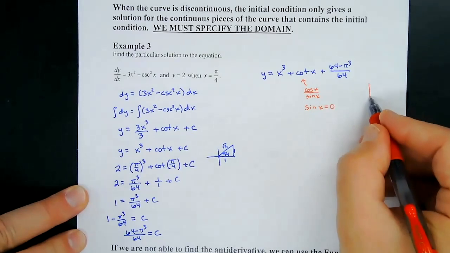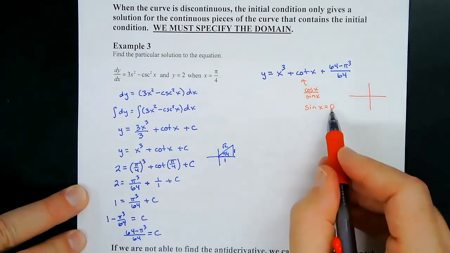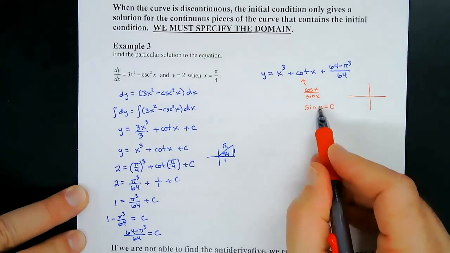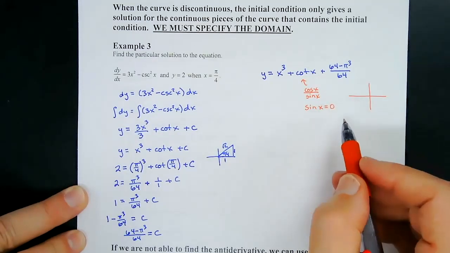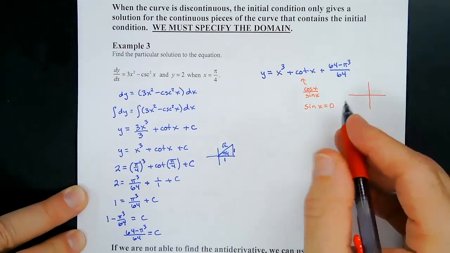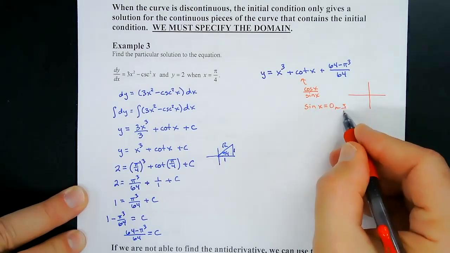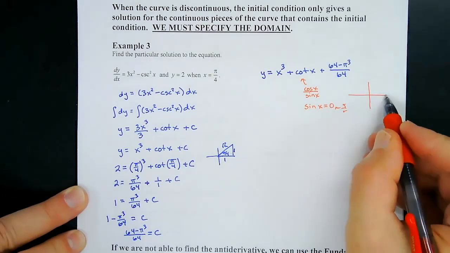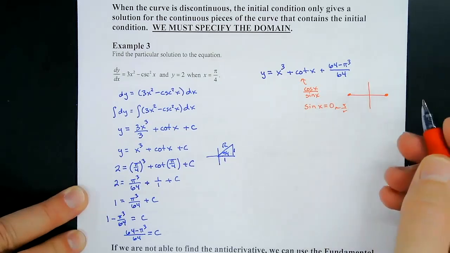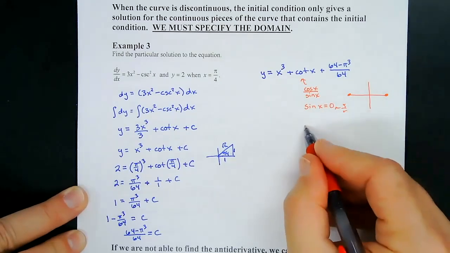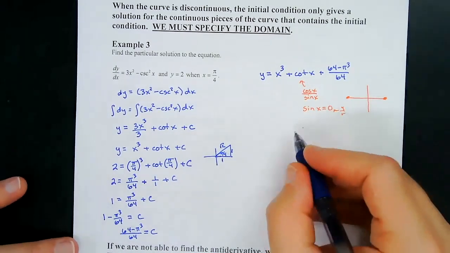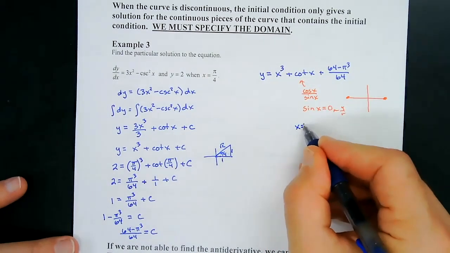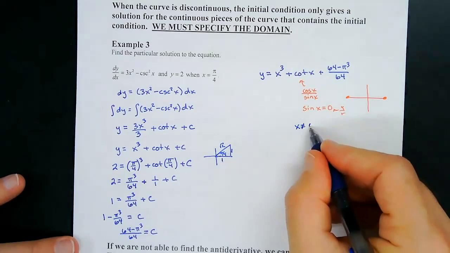So you're thinking about this. Remember, this x is the angle, and this is the ratio. And the sine ratio is y over r. So your y would have to be 0. So where is y 0? Well, it could happen right here, and it can happen right here. So back here, what can x not be? x cannot be 0.